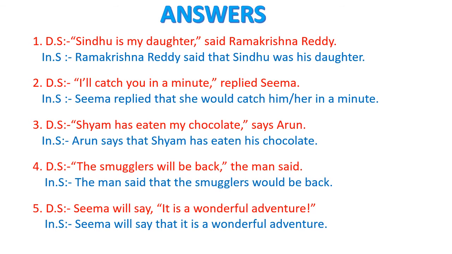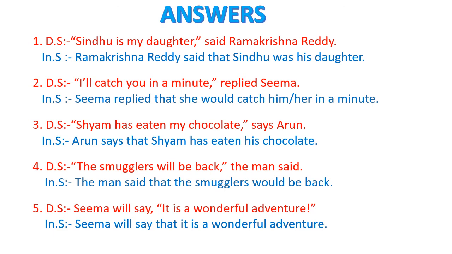Third one: Shyam has eaten my chocolate, says Arun. Here, "says" is the reporting verb, which is in the present tense. So the indirect speech is, Arun says that Shyam has eaten his chocolate.